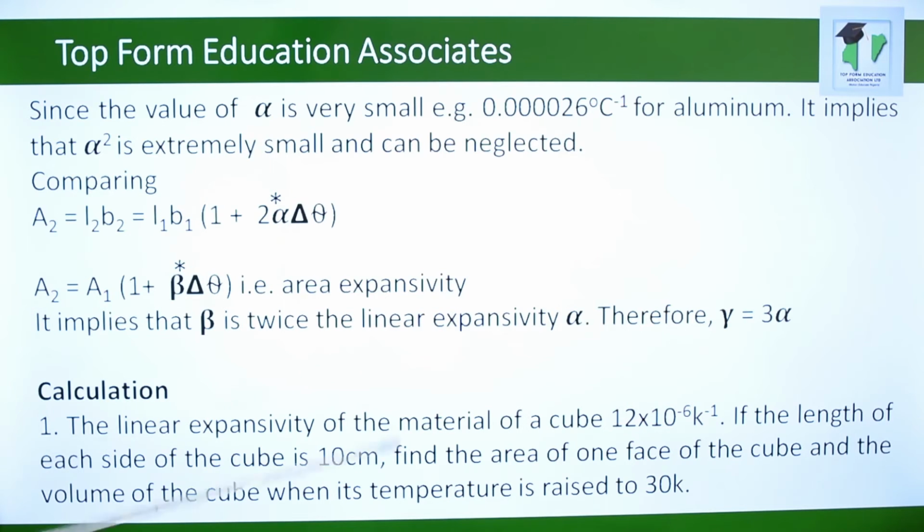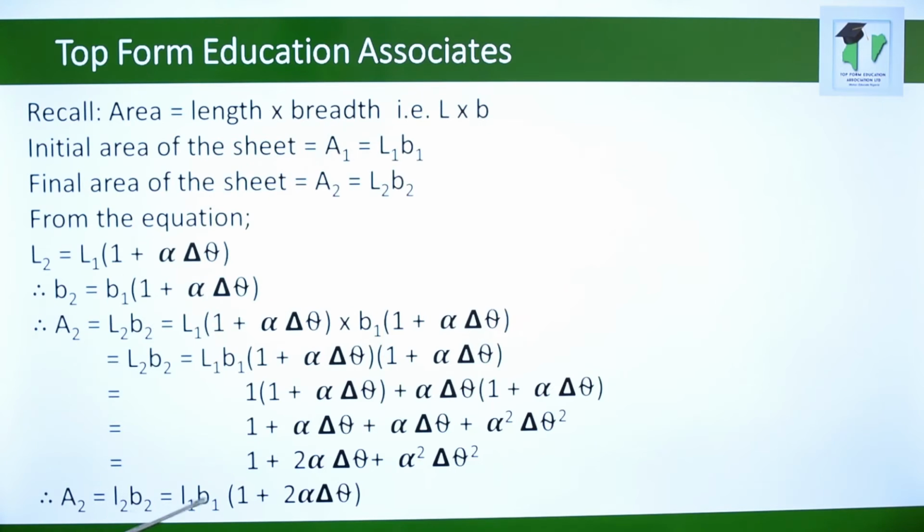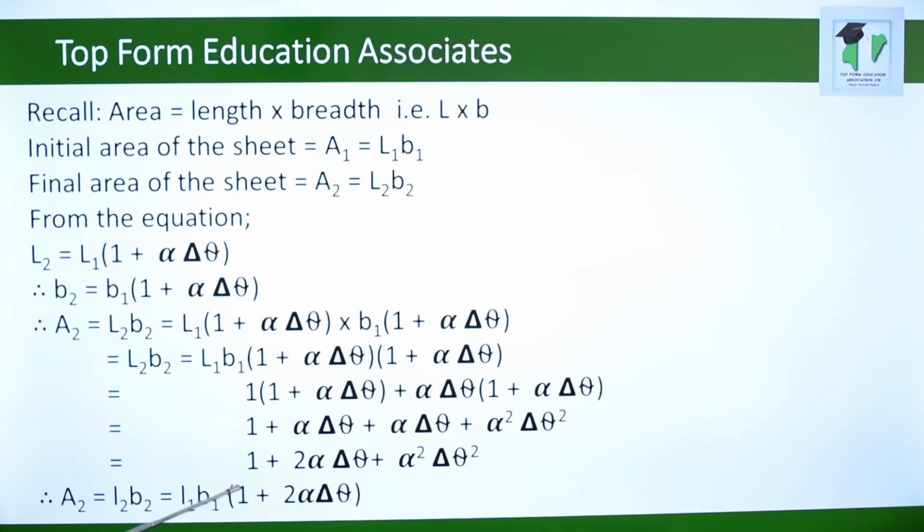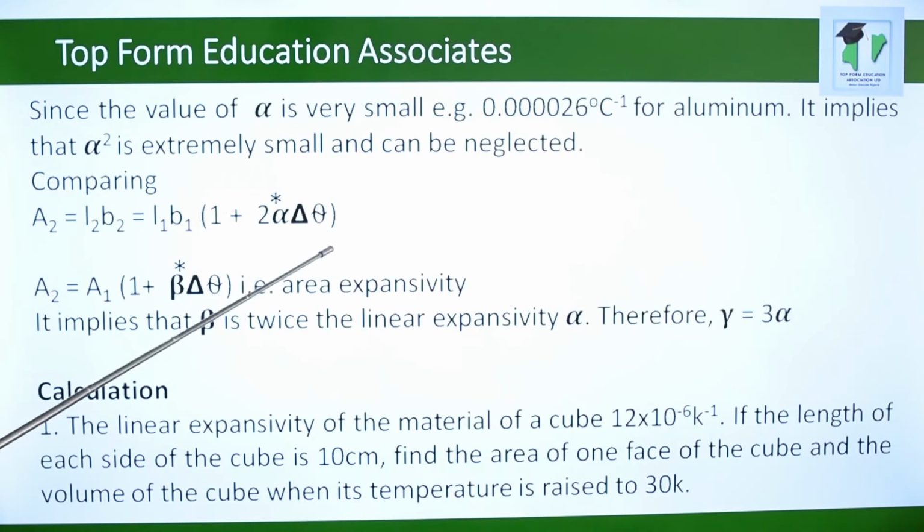So if it can be neglected, you want to compare A2 now, so as to know how alpha, beta, and gamma are related. So A2 is equal to L2 B2, which is equal to L1 B1 into 1 plus 2 alpha change in theta.